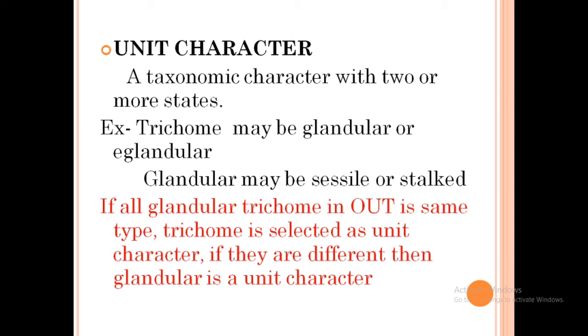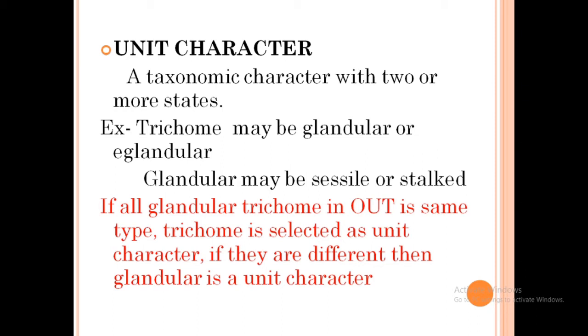They are glandular or aglandular, meaning with glands or without glands. Then, in the glandular itself again there is what? Sessile or stalked. So if all glandular trichomes are of the same type, trichome is selected as the unit character. Okay.